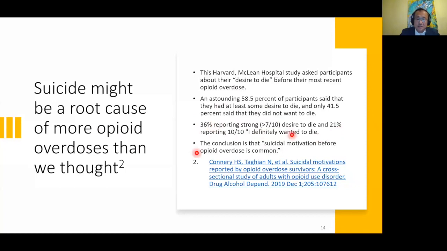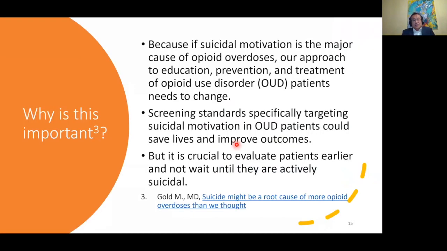So this discovery is very, very important, as mentioned by Dr. Gold, who is a pioneer and a very renowned physician in the area of opioid drug use disorder. He is a professor at Washington University in St. Louis in the medical school.